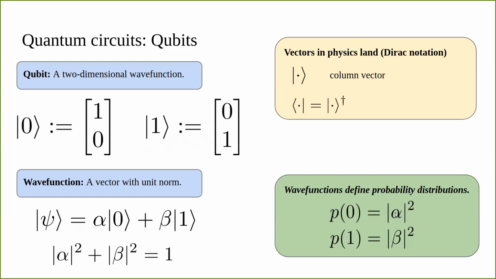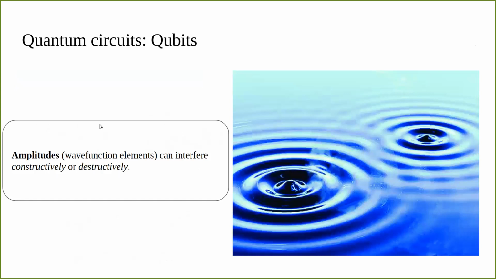So what's the purpose of wave functions if we just get probability distributions out of them? The reason is that wave functions can have constructive and destructive interference. Elements of wave functions are called amplitudes. So these are just components of the vector, the amplitudes, and these are allowed to be positive, negative, or even complex numbers.